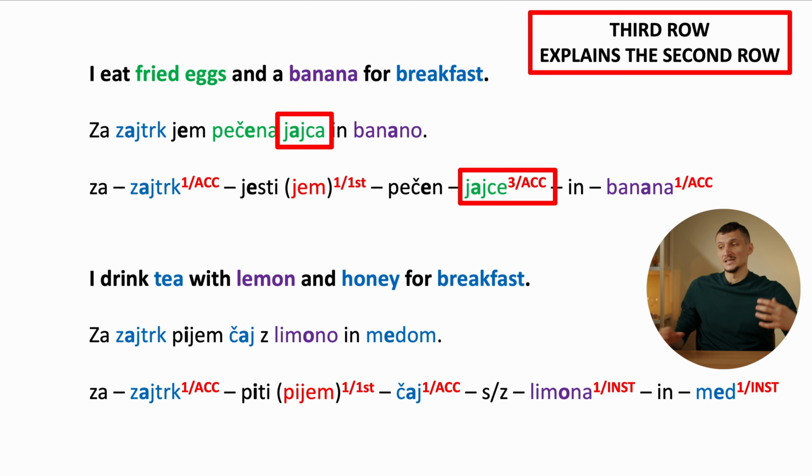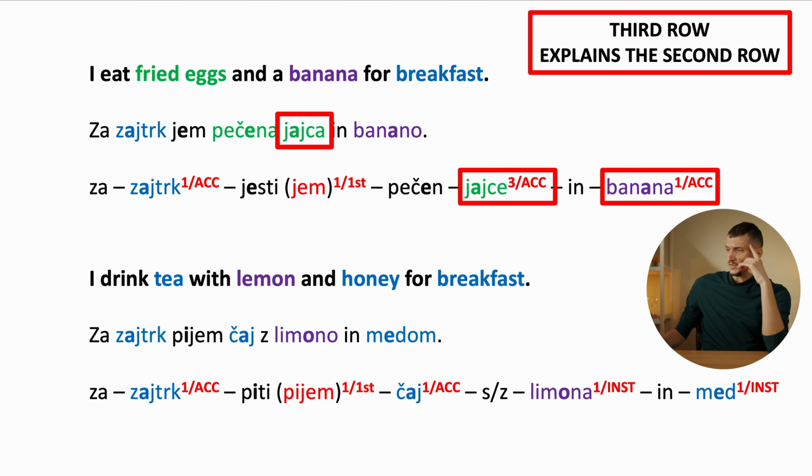So jajca is plural, 3 is plural, and accusative. That is the accusative case, a particular version of the word jajce, whereas jajce is the base form. If we actually wanted to describe the word jajce itself, we would have to write 1/nom, singular nominative. That is the basic form.